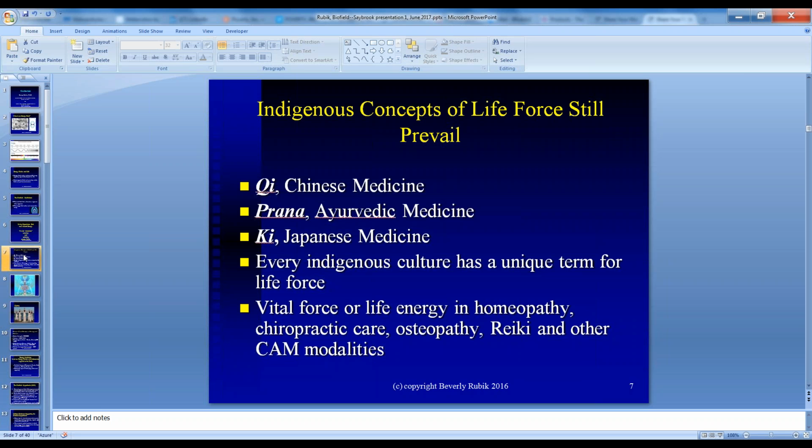And in the various systems of medicine, homeopathic medicine, chiropractic care, osteopathy, the biofield therapies such as Reiki and therapeutic touch, and other complementary and alternative modalities, the concept of a vital force or life energy has been present, and they're not giving it up anytime soon. They need it to explain how their modalities work.